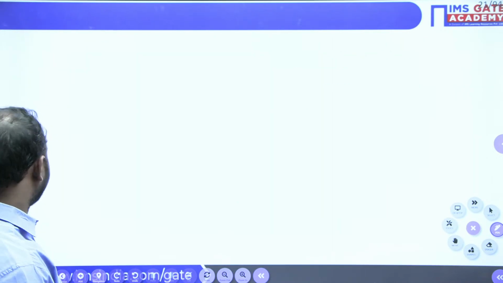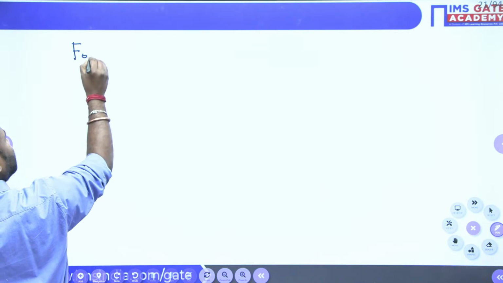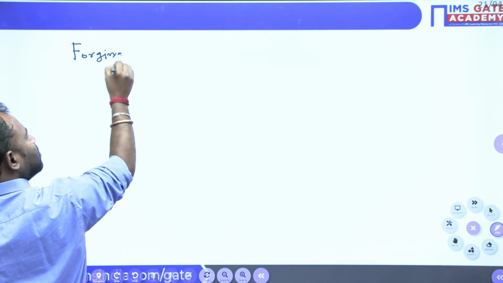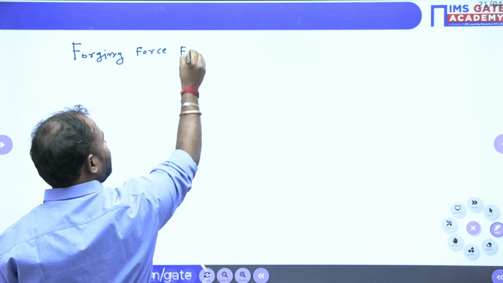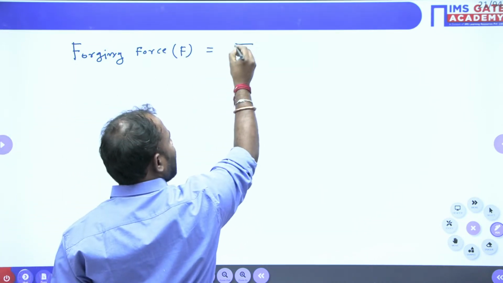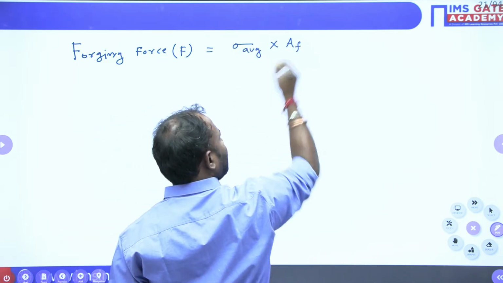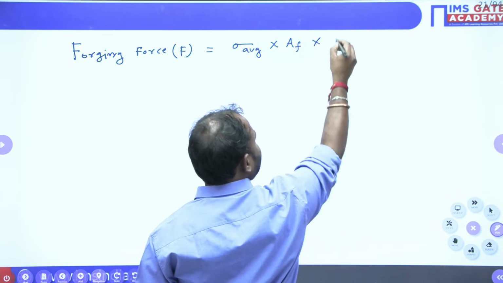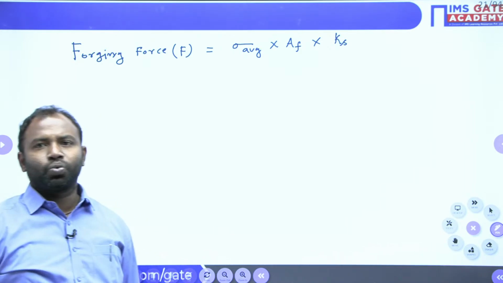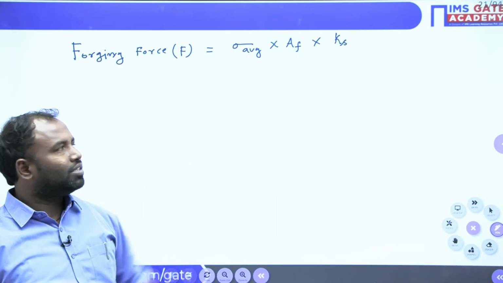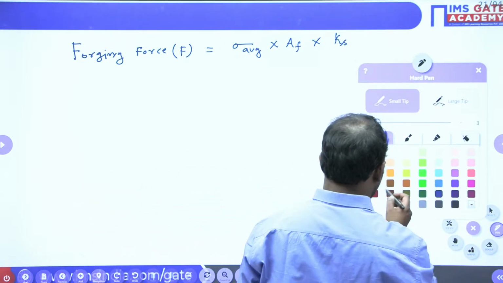Okay, right. Now the force required for forging, F, is equal to the average flow stress into AF, the final cross section area, into KS. This is the formula for calculating it. Here, sigma average is the average flow stress.